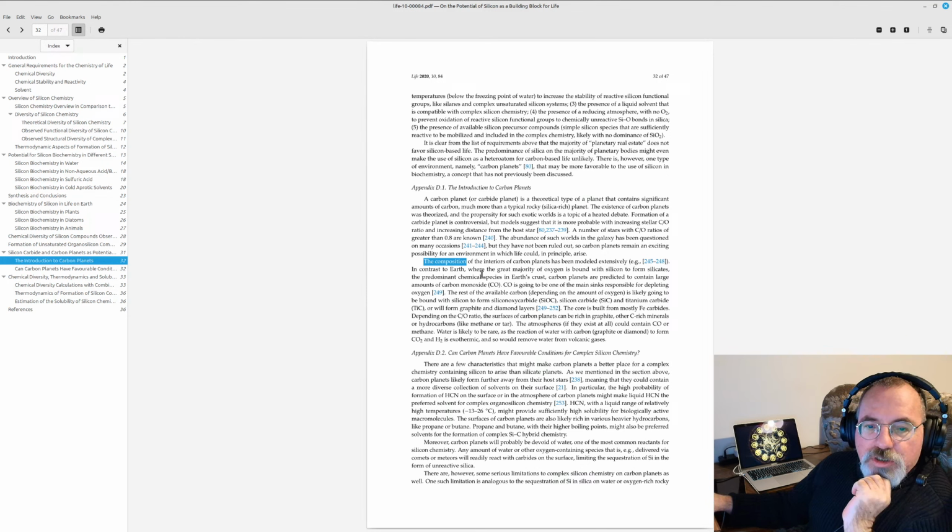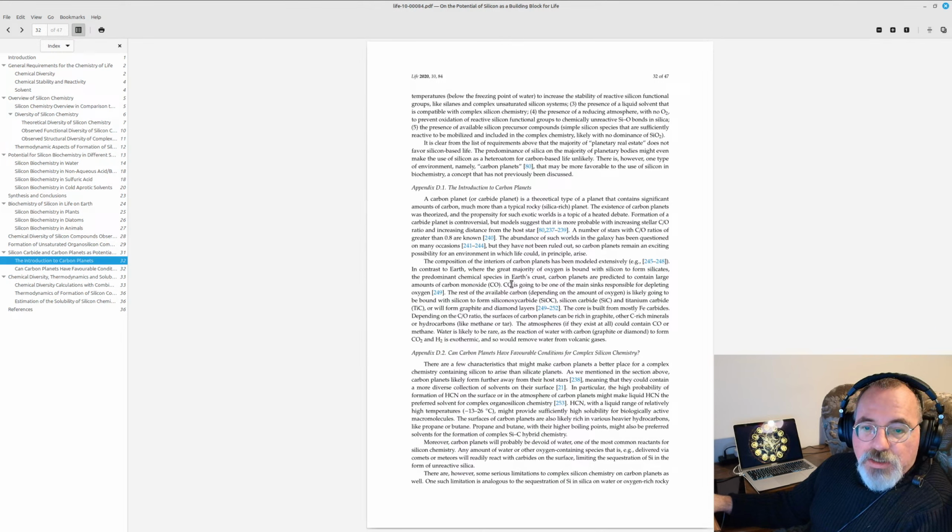The composition of the interiors of carbon planets have been modelled extensively. In contrast to Earth, where the great majority of oxygen is bound with silicon to form silicates, the predominant chemical species in Earth's crust, carbon planets are predicted to contain large amounts of carbon monoxide.